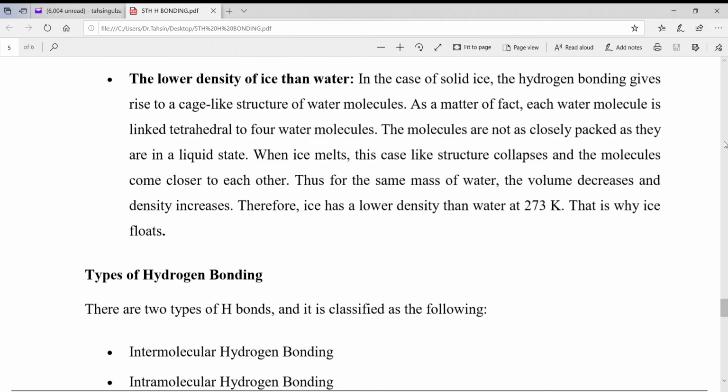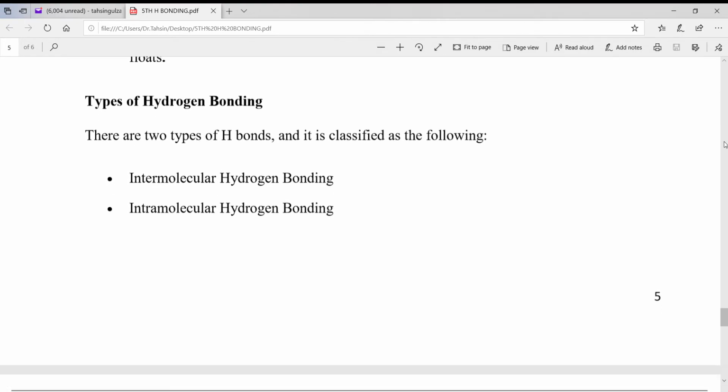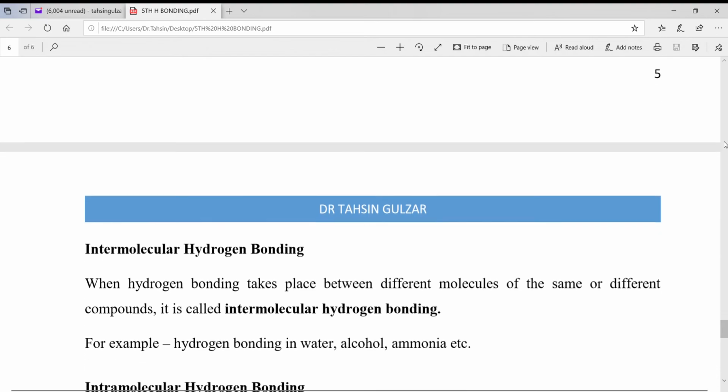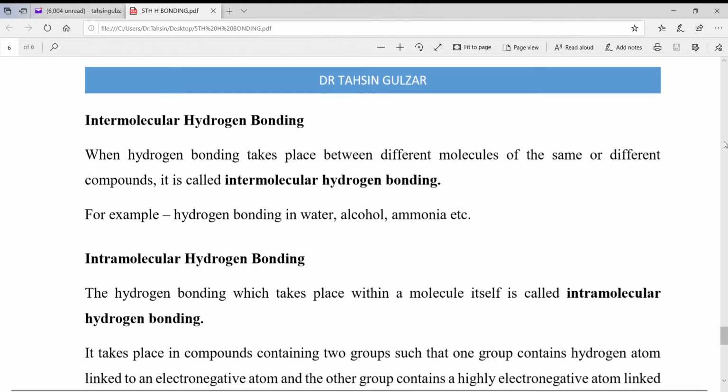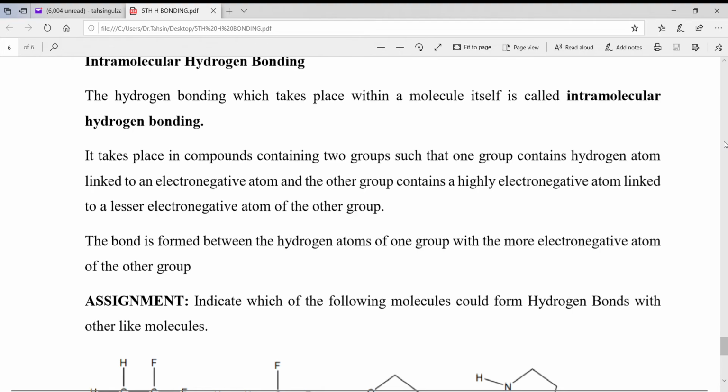Now, the types, as told earlier, are intramolecular hydrogen bonding and intermolecular hydrogen bonding. And I told you this is not as strong as a covalent bond, or other coordinate bonds, or ionic bonds.